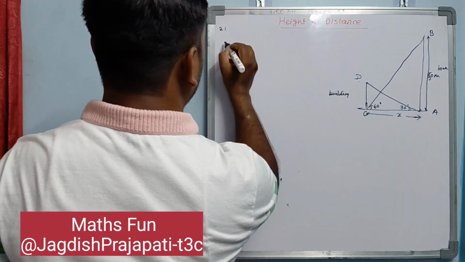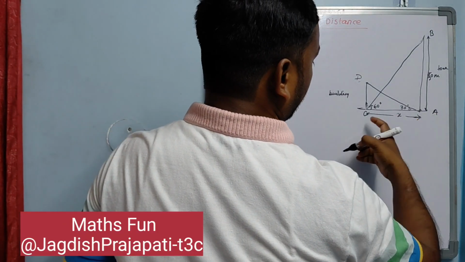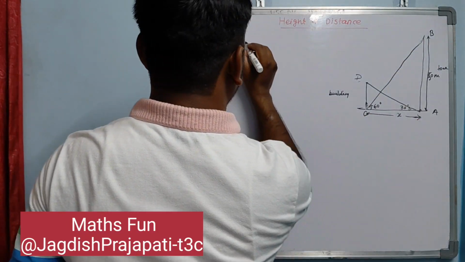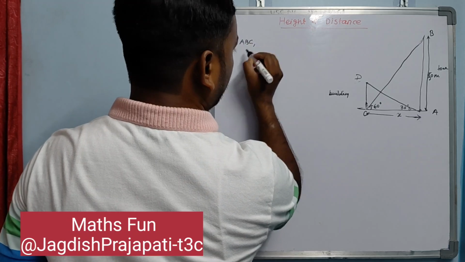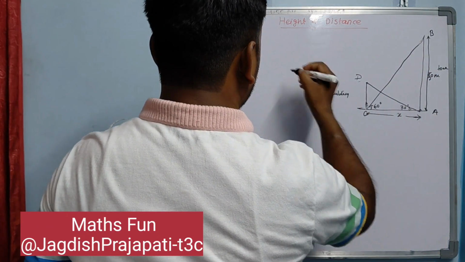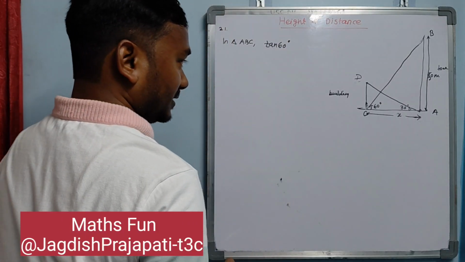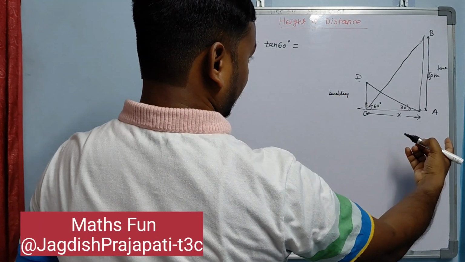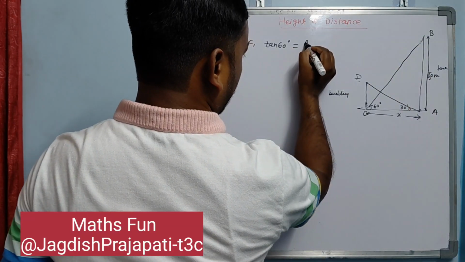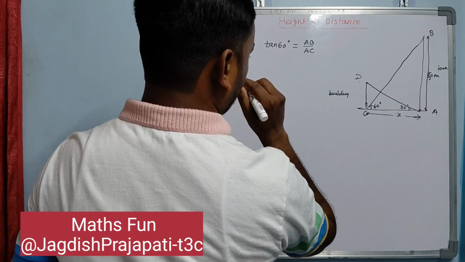Okay, now in triangle ABC, what will we see? Tan 60 will be AB, perpendicular, by AC, base.